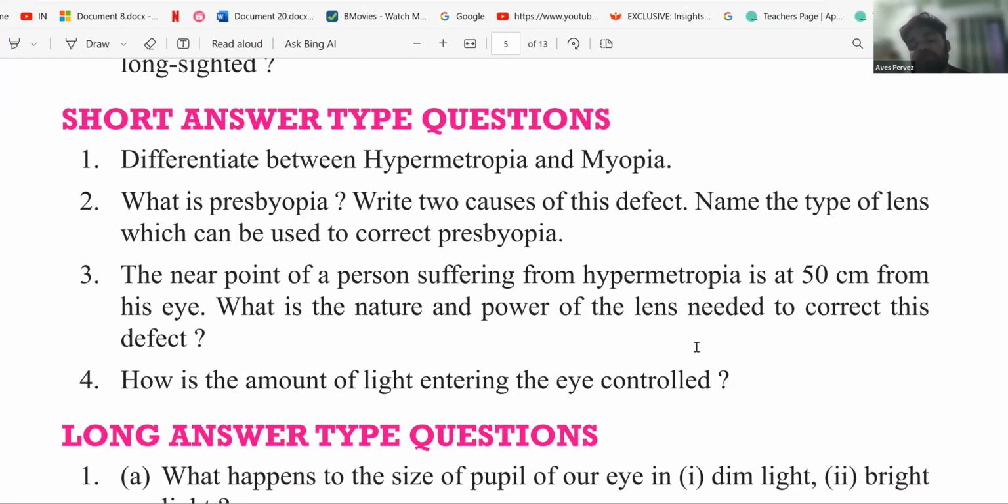You need to keep in mind that you have to take both V and U as negative. Don't think that it is a hypermetropic eye. Noted? Try to solve this one.